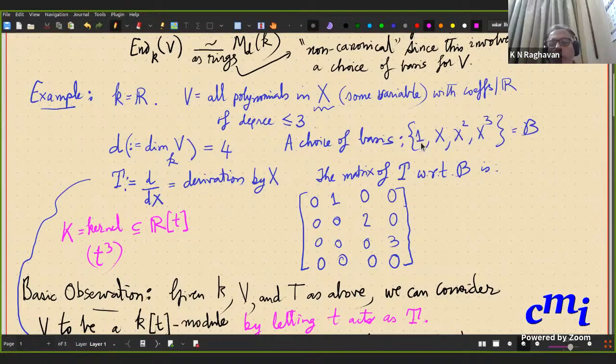So let us check if it acts as 0 on 1. What all acts as 0 on 1? Well, if a polynomial has non-zero constant term, that will not act as 0 on 1. So the fact that any element of K acts as 0 on 1 means that elements of K do not have constant terms. They have 0 constant terms.